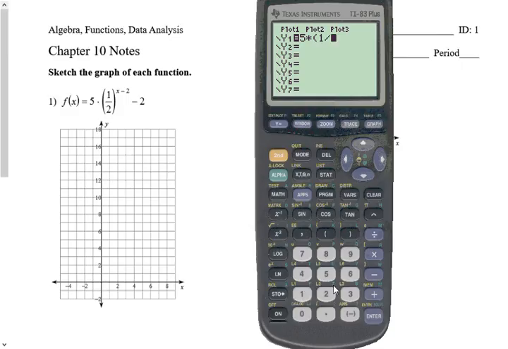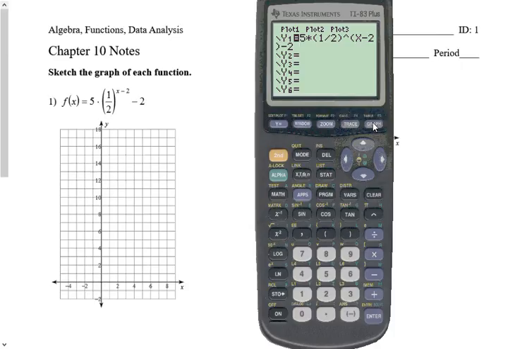I need 1/2 in there. Now to get this whole thing in the exponent, I got to be a little careful. I have to do to the, and then I need to do x minus 2. And see how I put this in parentheses like this, x minus 2 in parentheses? That will ensure that that whole thing is in the exponent, and then I could just do minus 2 here.